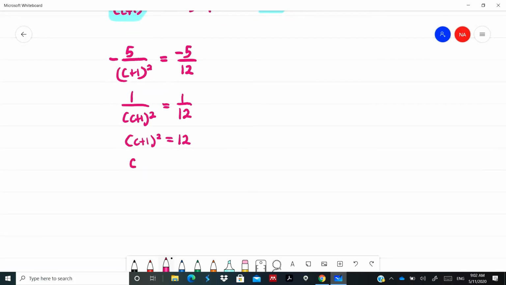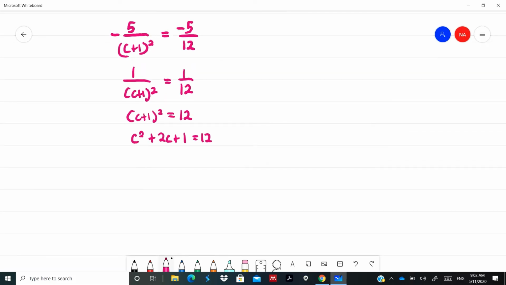Firstly, we expand that: c squared plus 2c plus 1 equals 12. We have to write it in the general form of the quadratic equation, so we'll have c squared plus 2c plus 1 minus 12 equal to 0. So c squared plus 2c minus 11 is equal to 0.